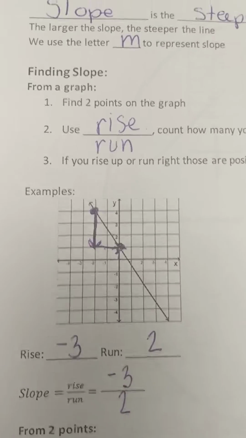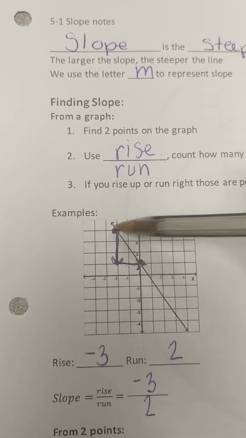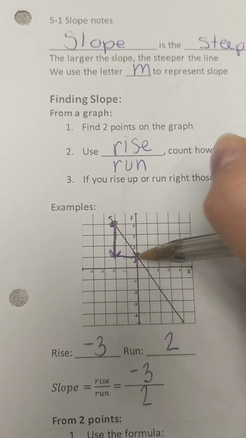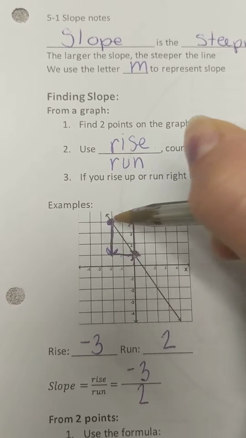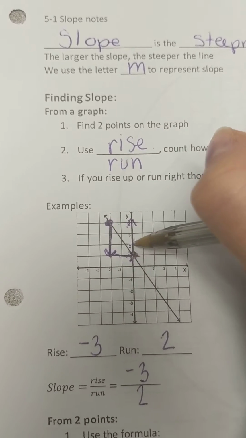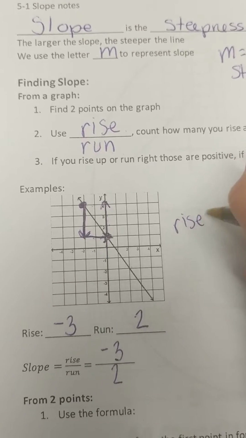Now let's go back and look at this again real quick. And let's say I wanted to start at the bottom point and go to the top point. I want to show you how it's going to be the same. Okay, so rise over run. So from this bottom point, I'm going to rise to get in line with my other point. This time I rise and I go up. So 1, 2, 3 for my rise, but up is positive.